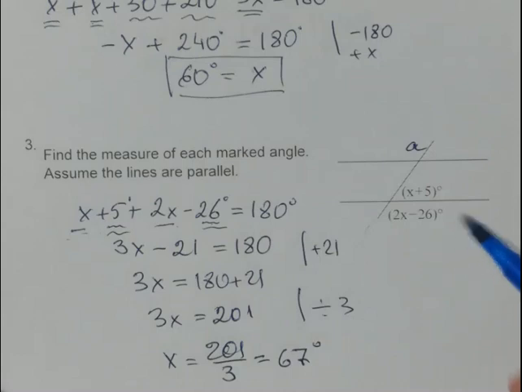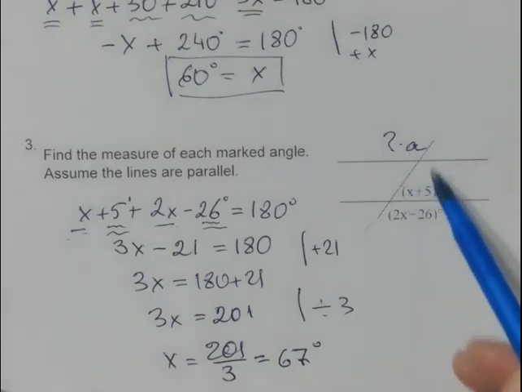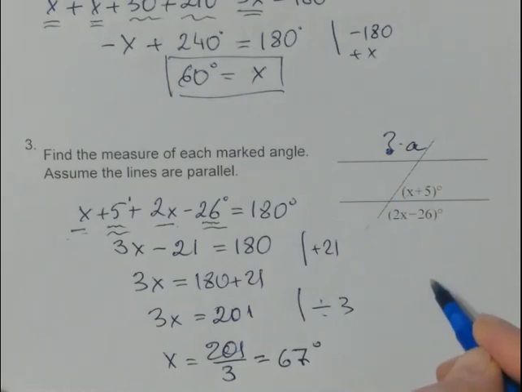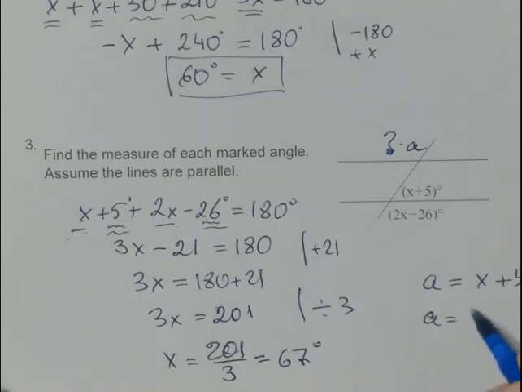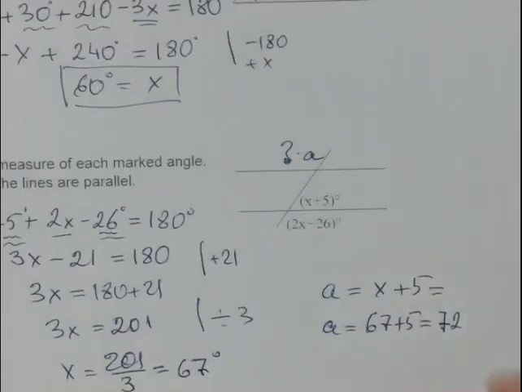And the question is, what is the measure of angle A? The angle A is an alternate angle with the angle x plus 5. So A is equal to x plus 5, or 67 plus 5, 72 degrees.